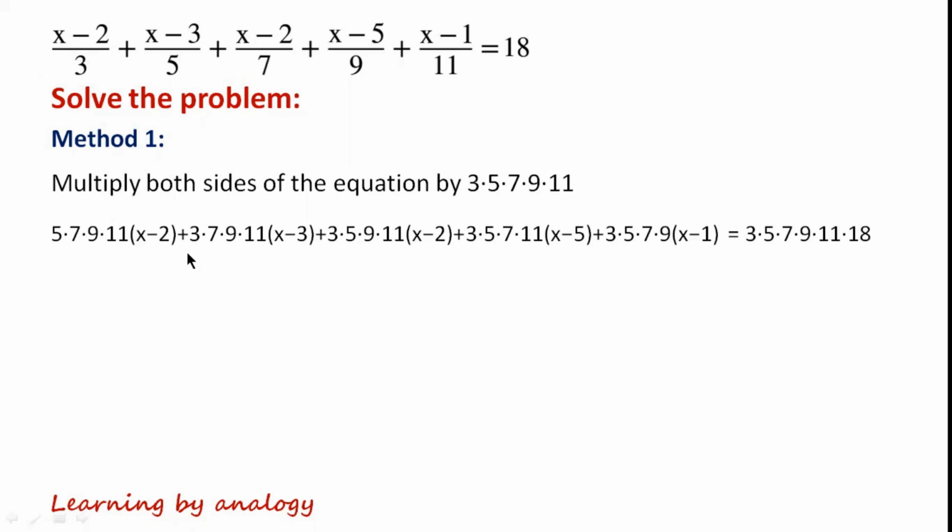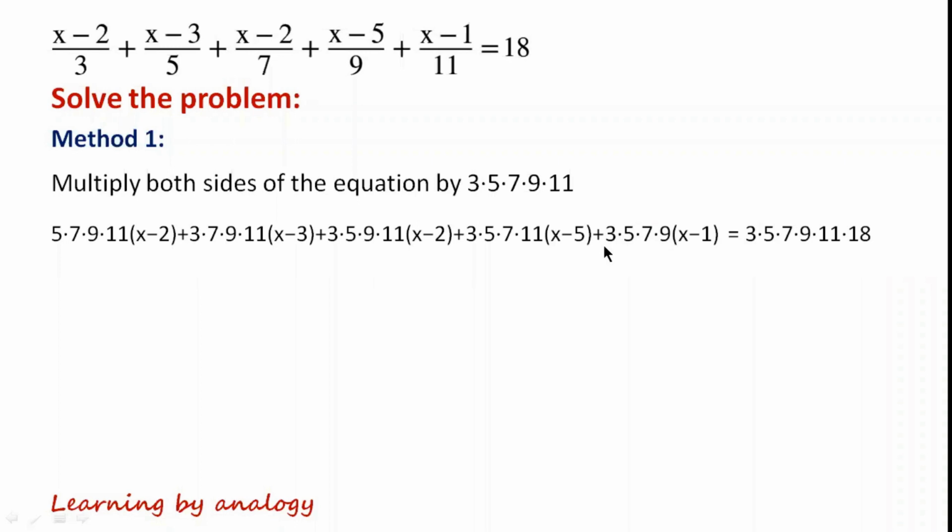Similarly, the second fractional term becomes 3 times 7 times 9 times 11 times (x - 3), and the third fractional term becomes 3 times 5 times 9 times 11 times (x - 2), and the fourth fractional term becomes 3 times 5 times 7 times 11 times (x - 5).